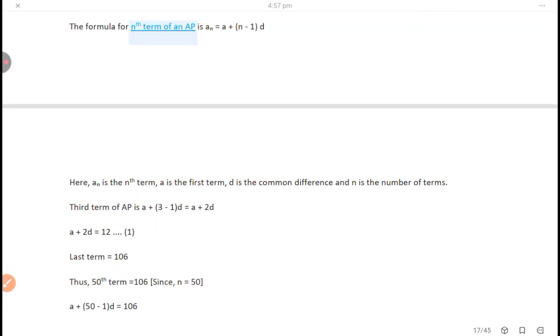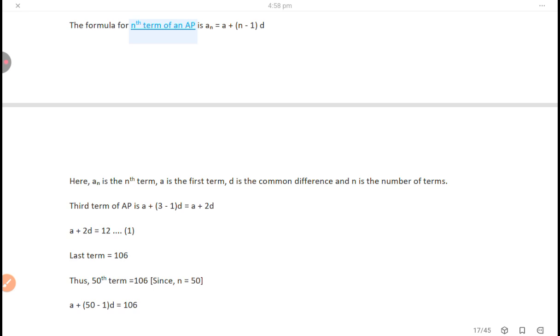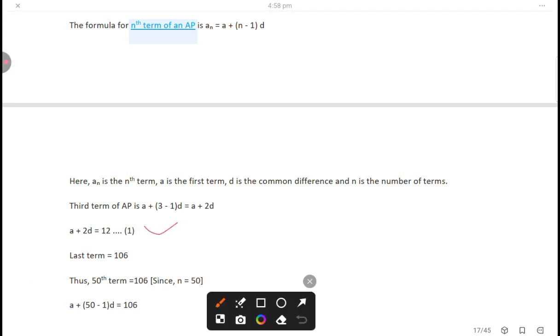Third term is 12. So a plus 2d is equal to 12. First equation. You know last term is 106 and fiftieth term is 106 since n equal to 50.